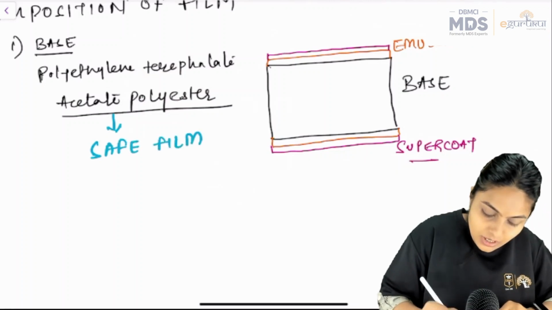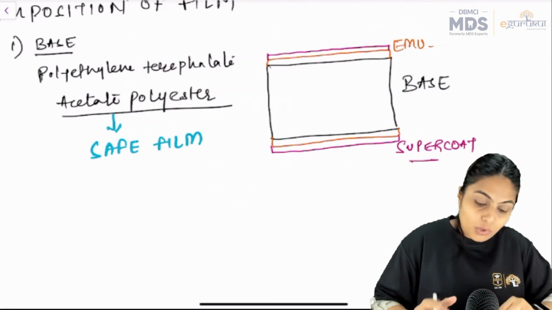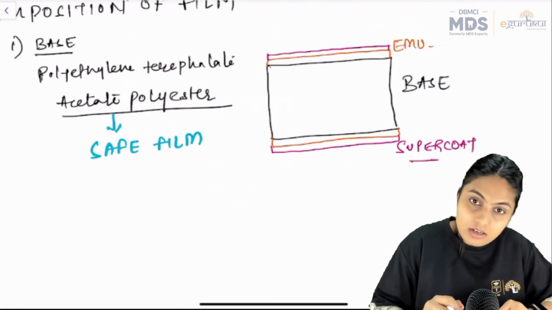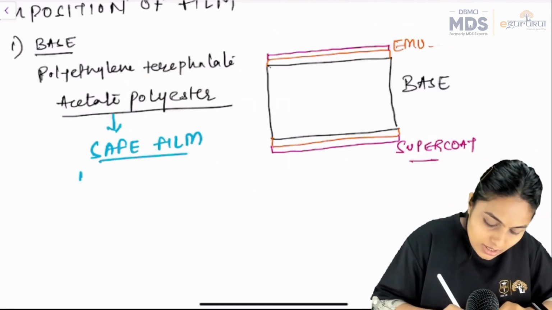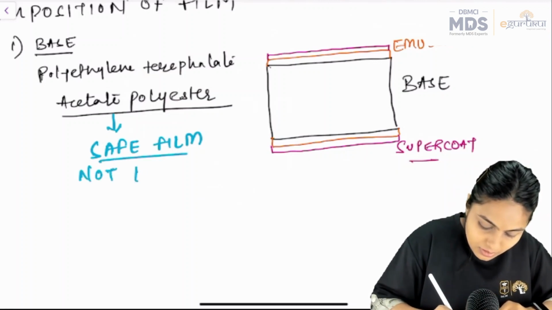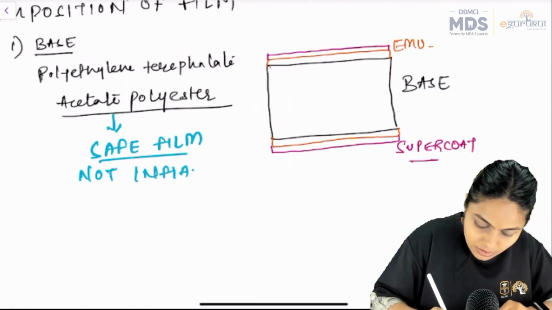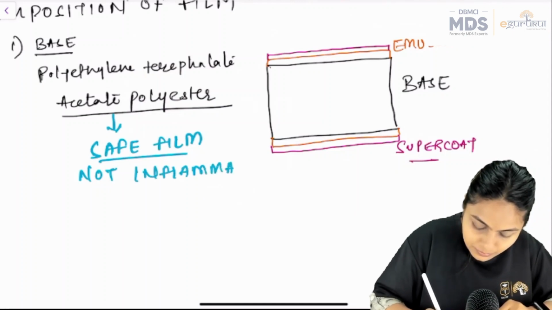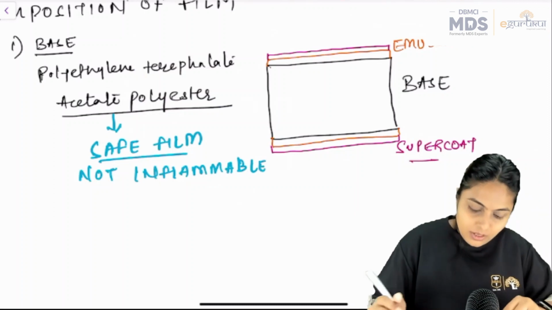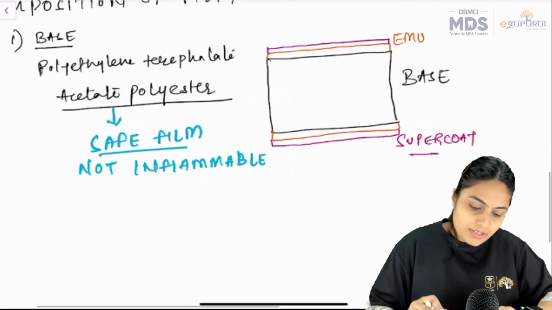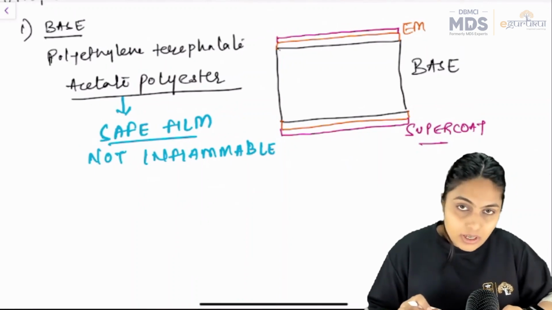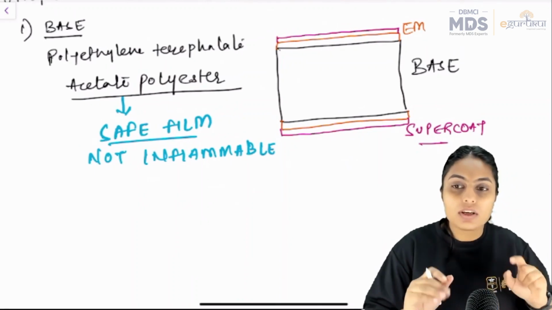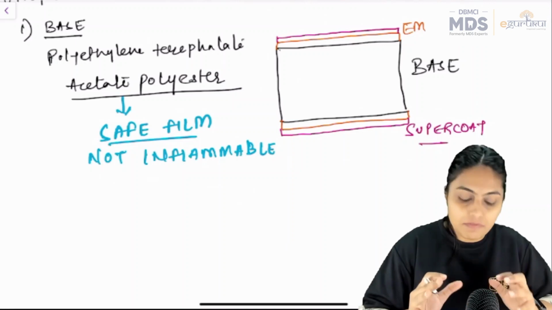Why safe film? Because it is not inflammable. This material, acetate polyester, is not inflammable, therefore it is called as safe film. So base polyethylene terephthalate, if it is made up of acetate polyester, it is called as safe film because the acetate polyester is not inflammable.